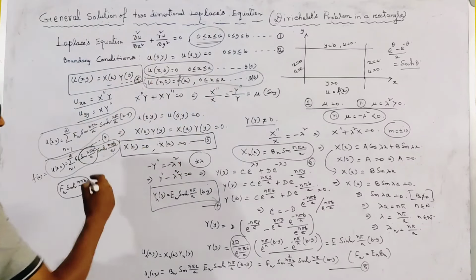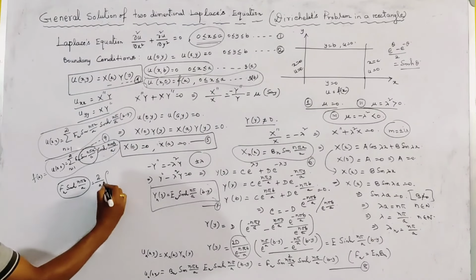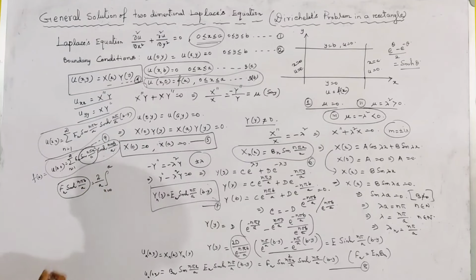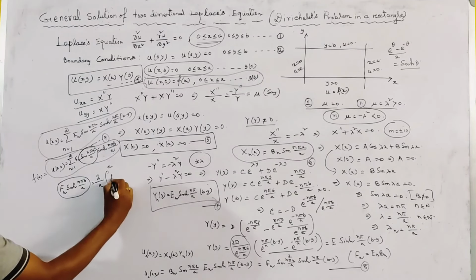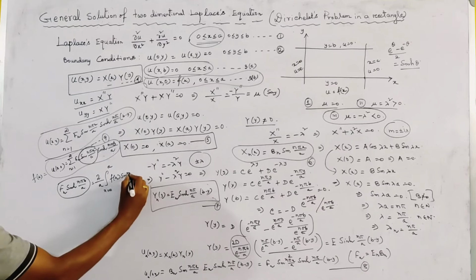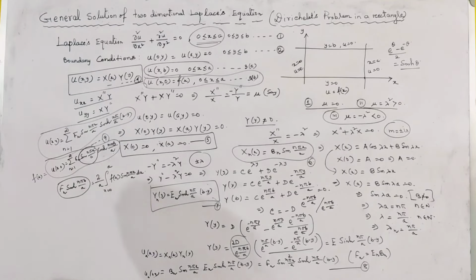This is a half range series, so 2 by a into integration x equal to 0 to a, f of x into sine n pi x by a dx, right, and we get the value of f n.